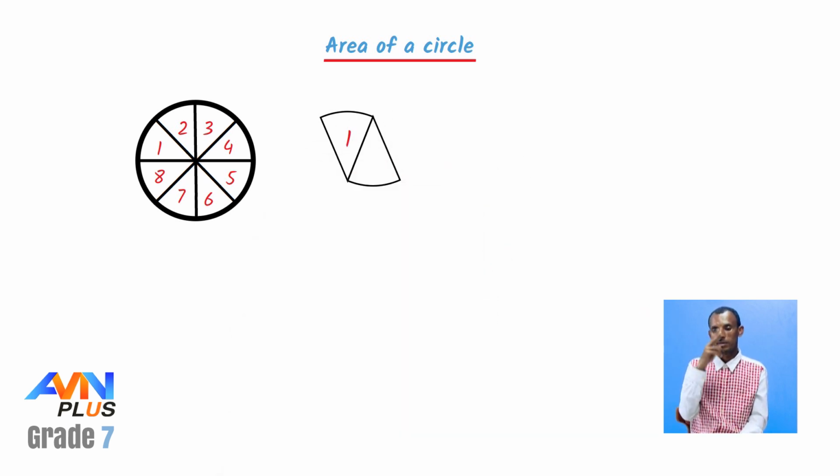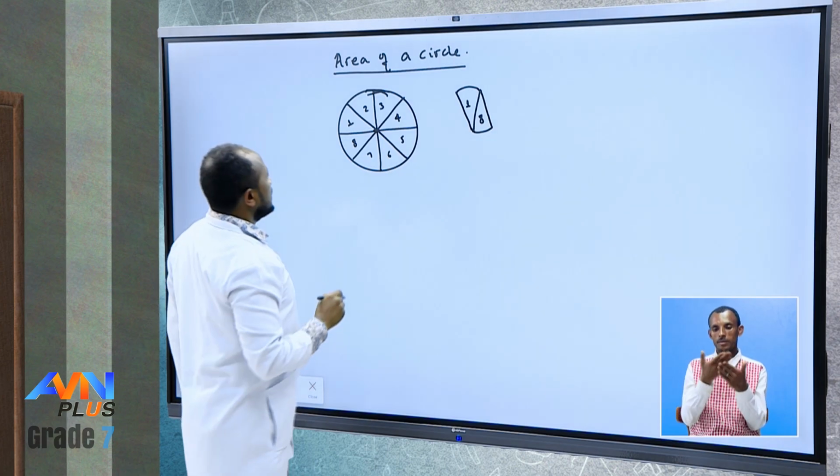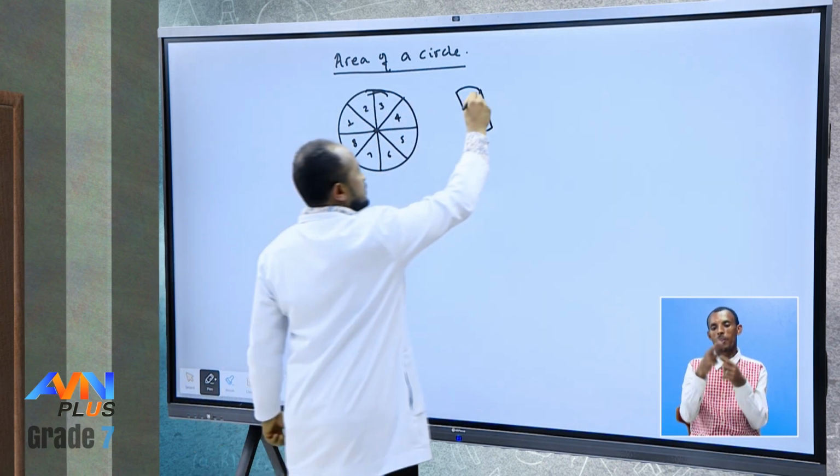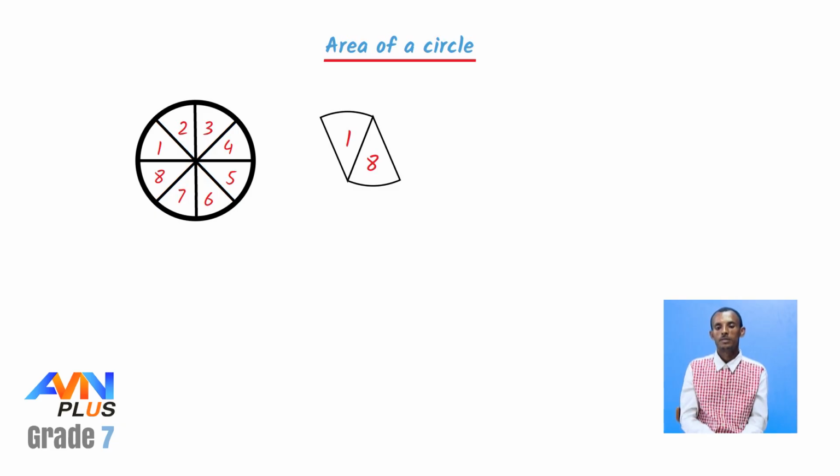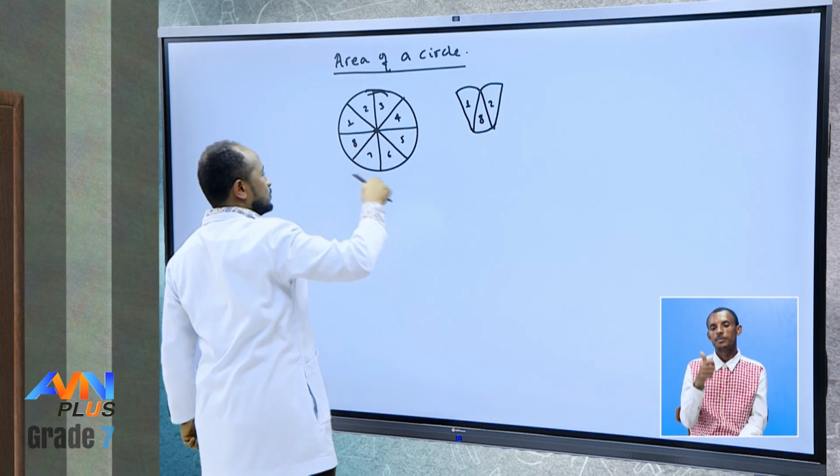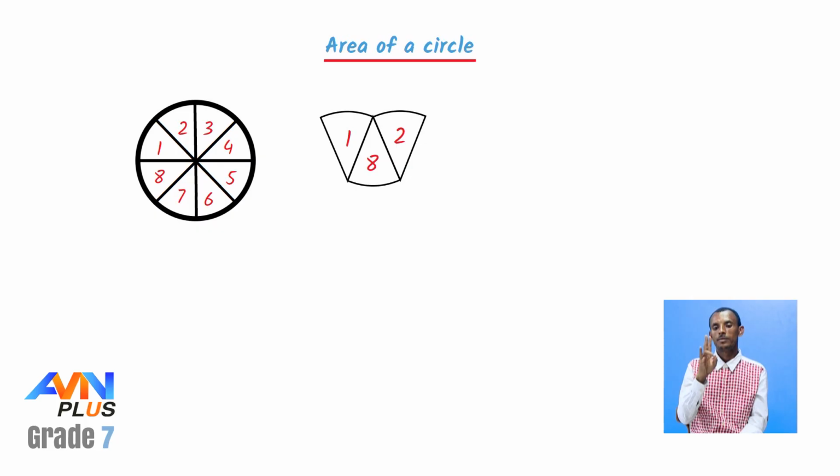Let's take piece 1 to be this form, and let's put piece 8 upward in this form. This will be piece 8. Again, let's put the second here, and put piece 7 to this part.